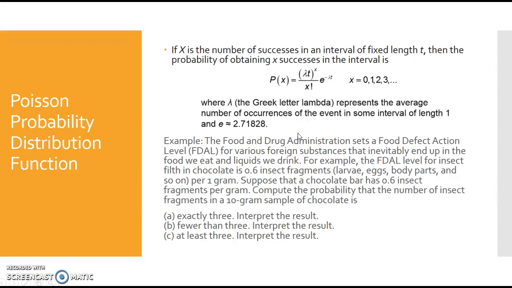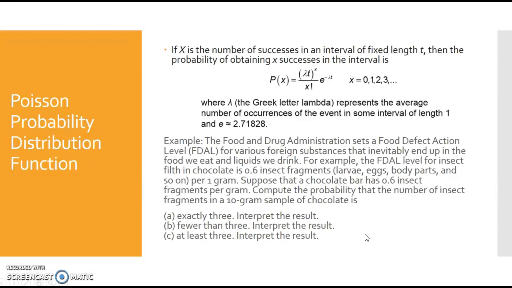So given what we know about the FDA and insect parts in our chocolate, we can compute the probability for the number of insect fragments in a 10-gram sample of chocolate. We want to know if it's exactly 3, fewer than 3, or at least 3, so 3 or more.